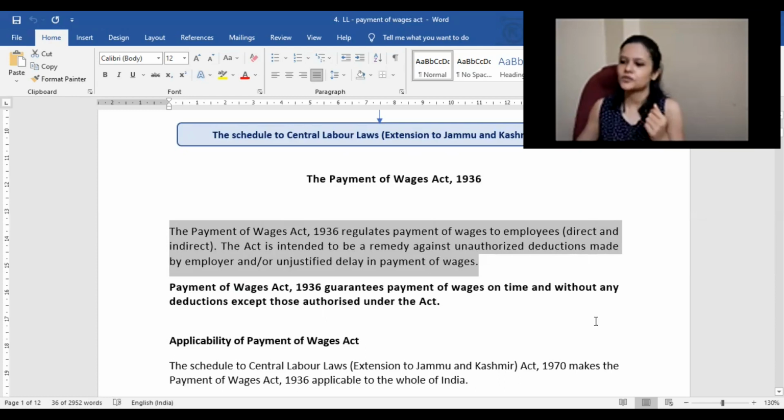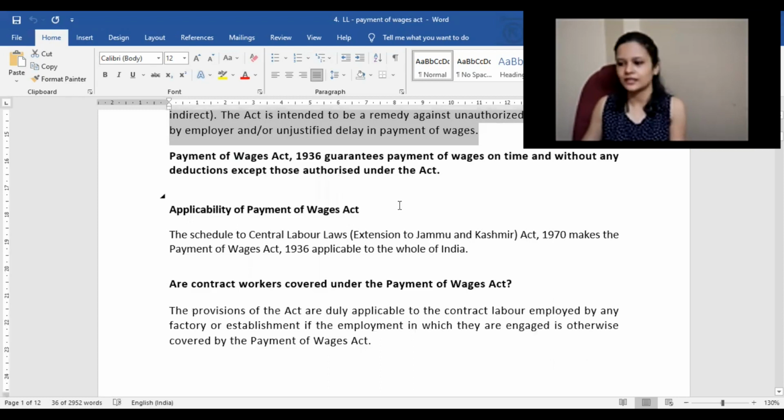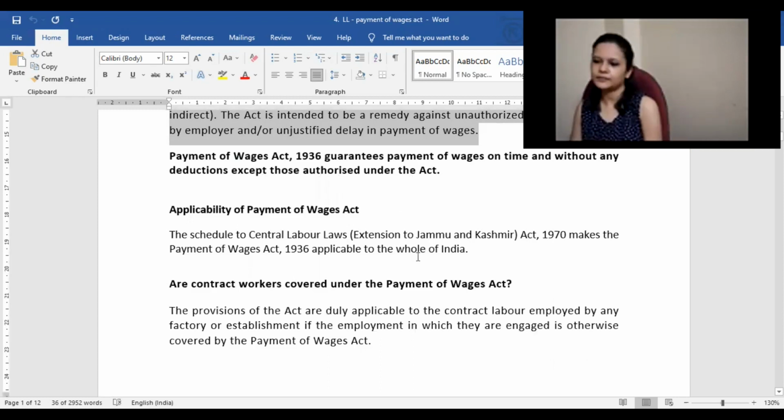So the Act basically guarantees payment of wages on time, plus without any deductions which are not allowed or not justified. Those are the two things. It is applicable to the whole of India through the Central Labor Laws Extension to Jammu and Kashmir Act. Its scope was extended again.